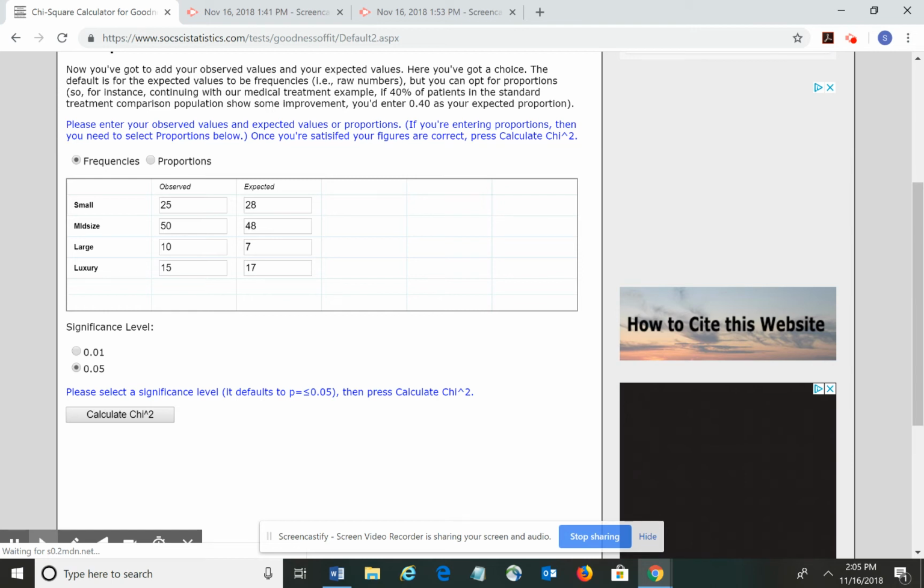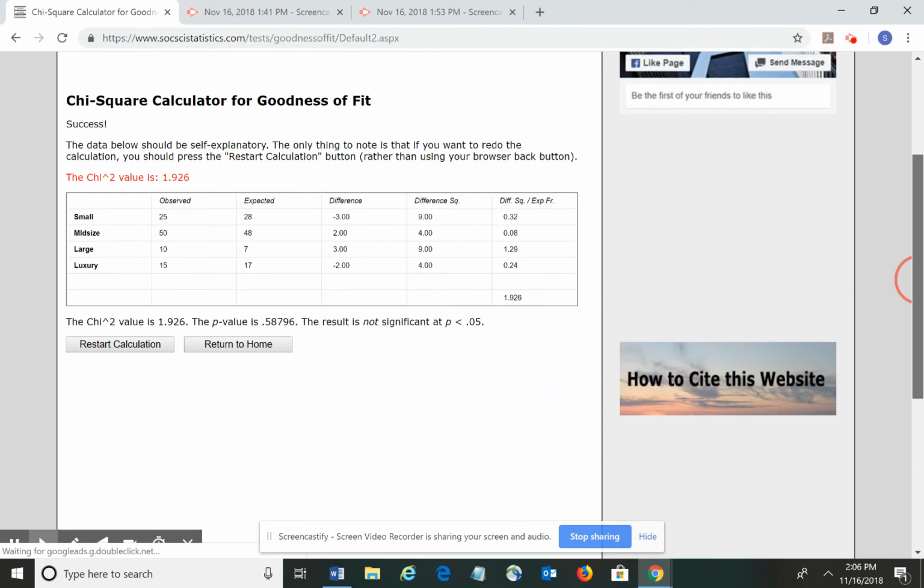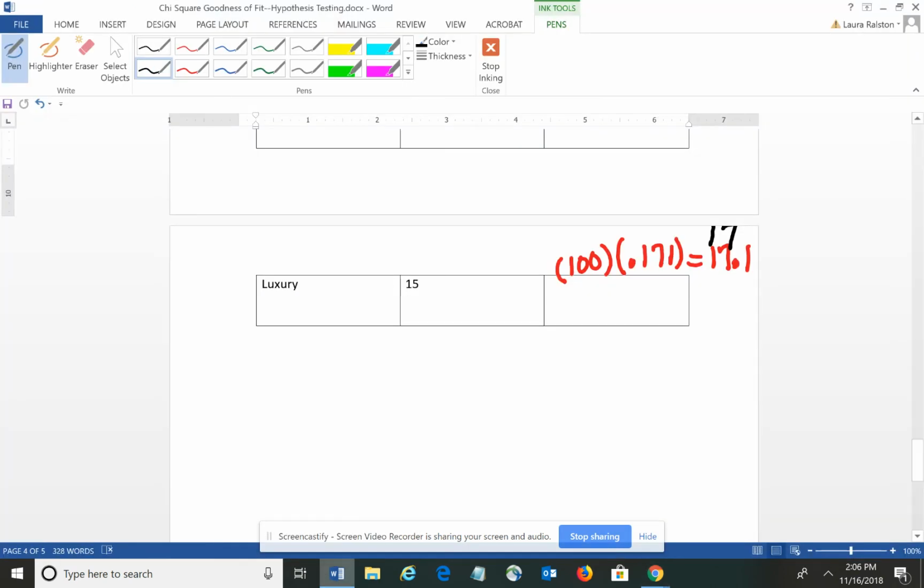It tells us the chi-square value is 1.926. The p-value is 0.58796.